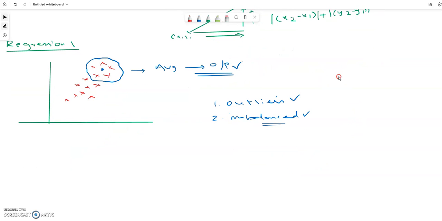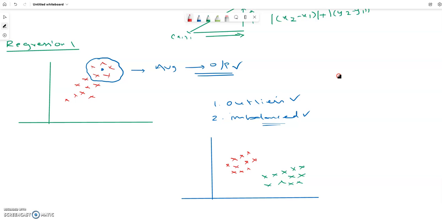Let's look at with outliers. Suppose we have our axis like this and our data is scattered here with red category. We also have another category with green.